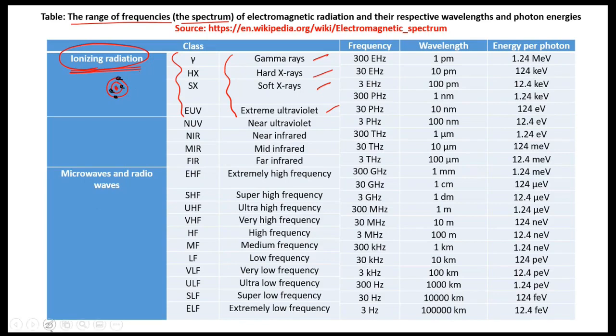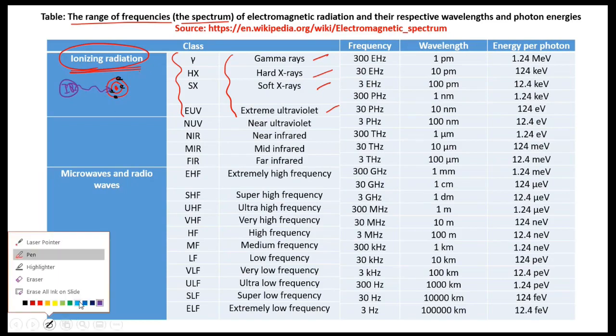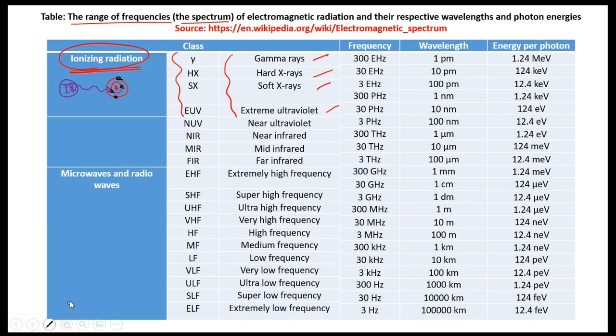Now if you make an ionizing radiation incident over here, and in short I am saying IR, this is not infrared, it is ionizing radiation, okay. What it can do is strike off this electron from its place.